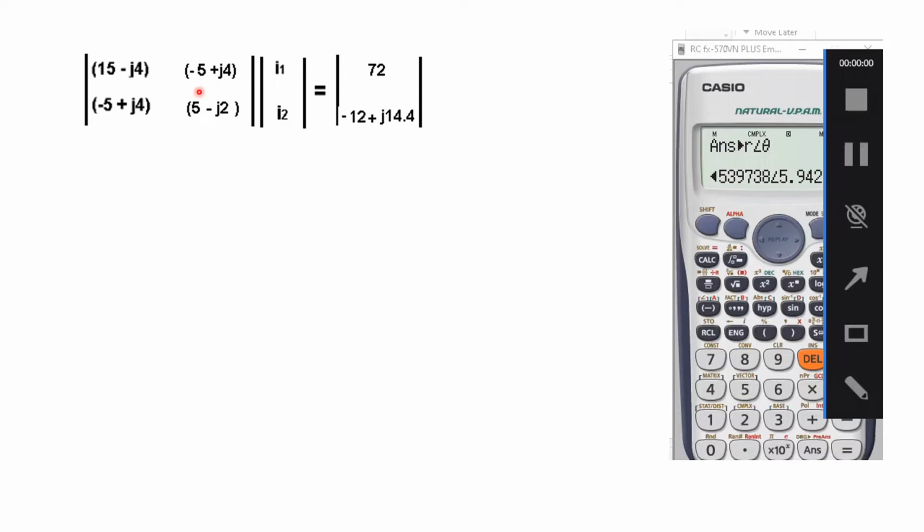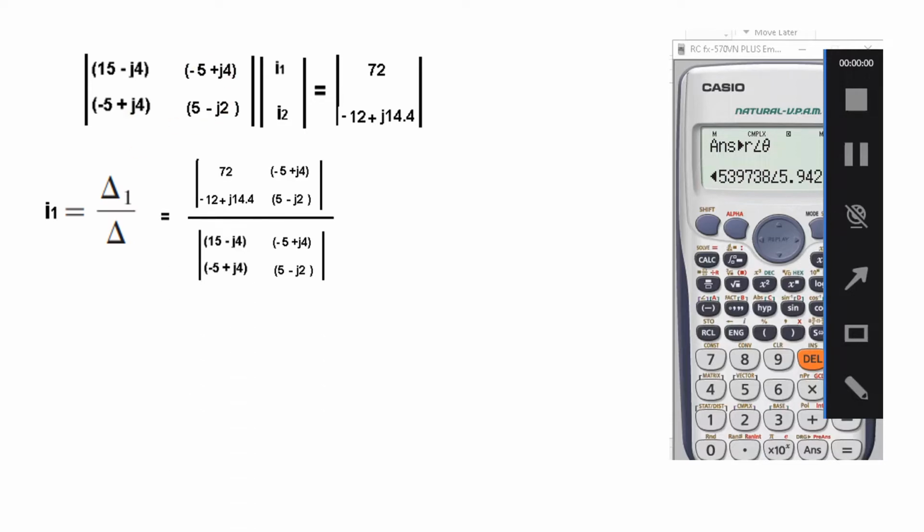So this is in matrix form, and now it will be easier to solve with the help of your calculator. Simply, we know that we are interested in finding current I1. So I1 is delta 1 over delta, and you know that this is delta, so we write it here. And for delta 1 we replace the first column with the output voltage.